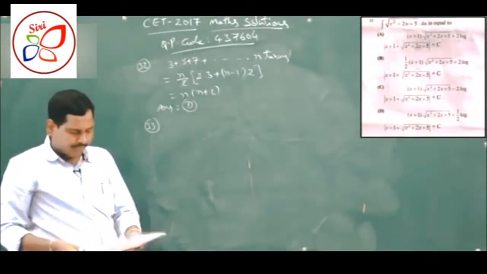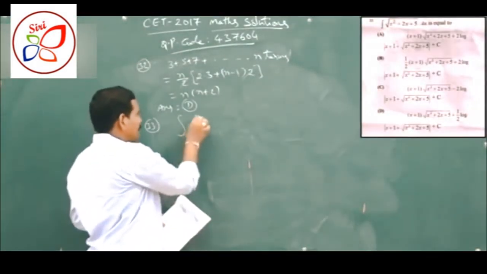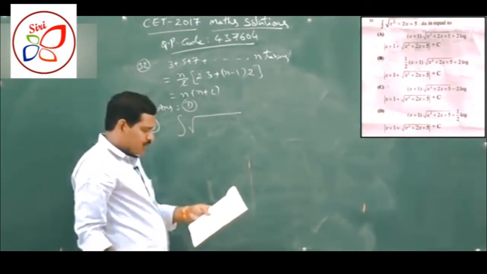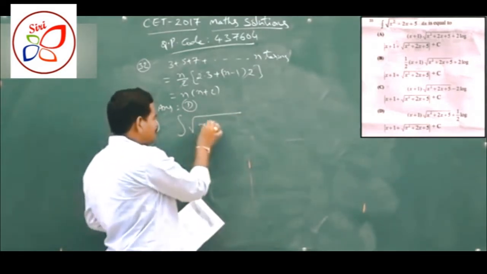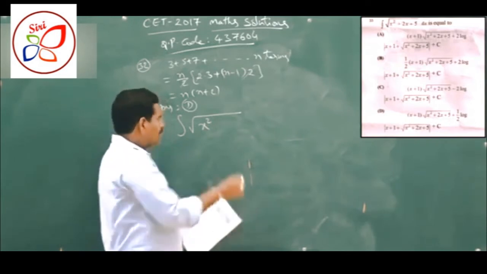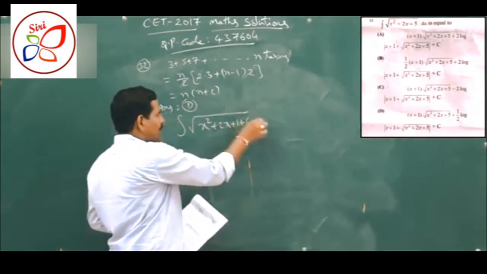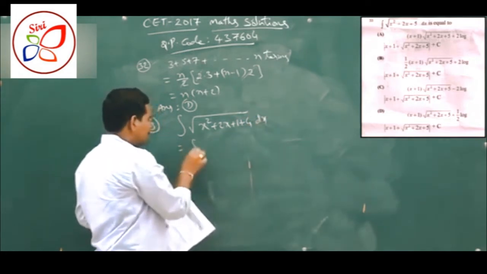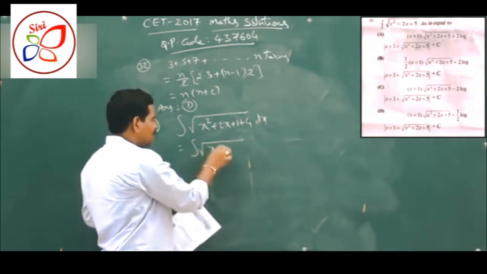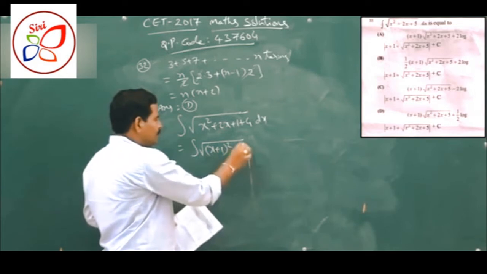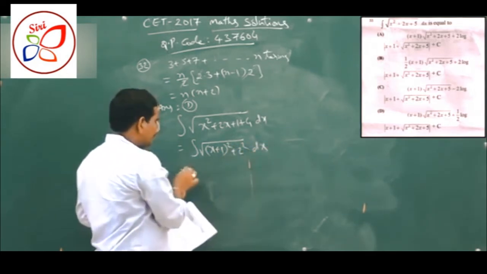33rd one. Integral root x square plus 2x plus 5. In x square plus 2x, in place of 5 write 1 plus 4, dx. It means root of x plus 1 whole square plus 2 square dx, which is in formula type.